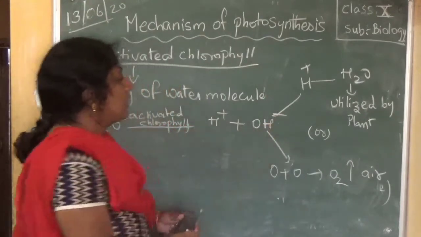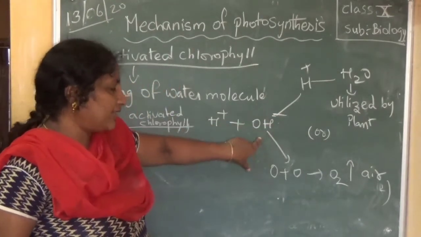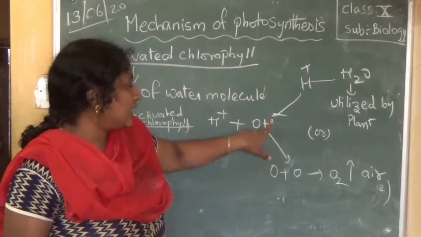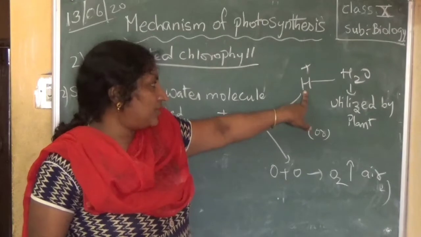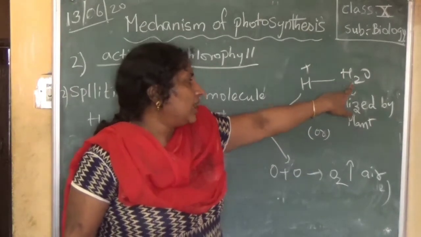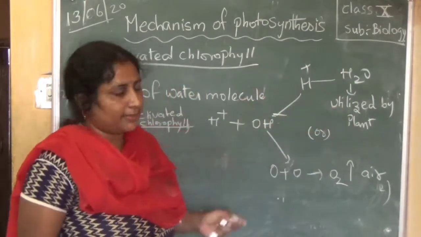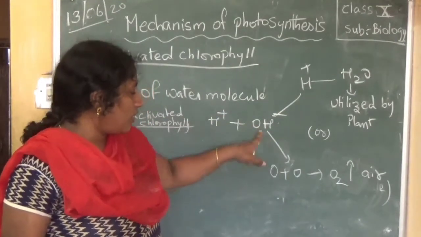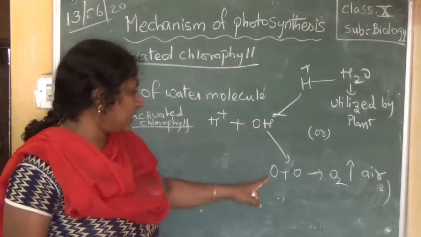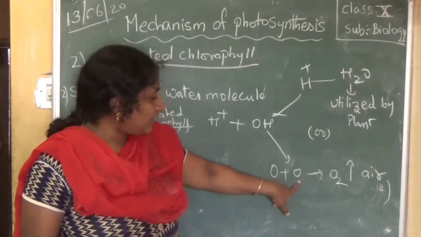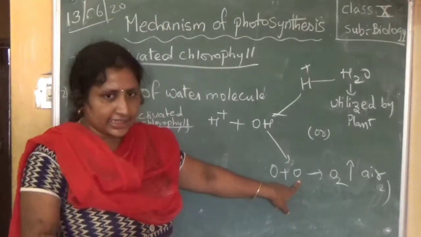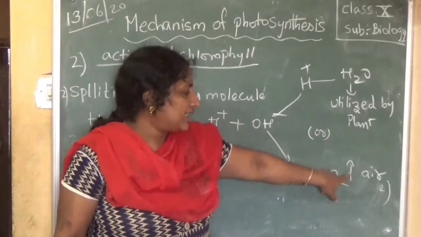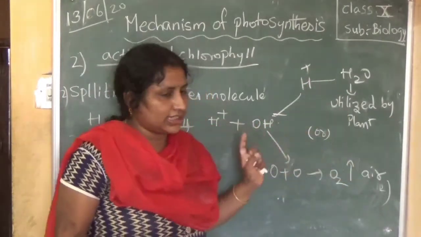First we will see the OH minus ion. OH ions may either combine with another hydrogen atom and form water, and this water will be utilized by the plant itself. Or the OH ion may split and oxygen may react with another oxygen atom present in the cell, and it forms an oxygen molecule, and it is released into the air as oxygen.